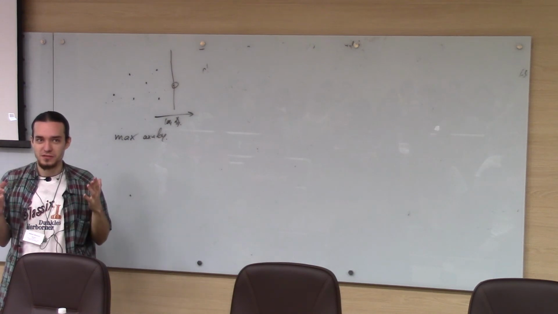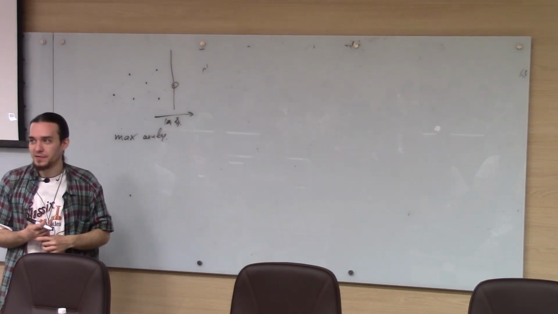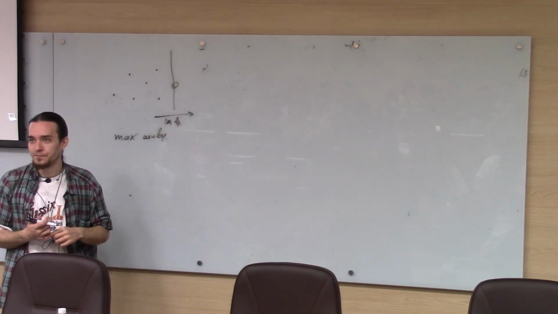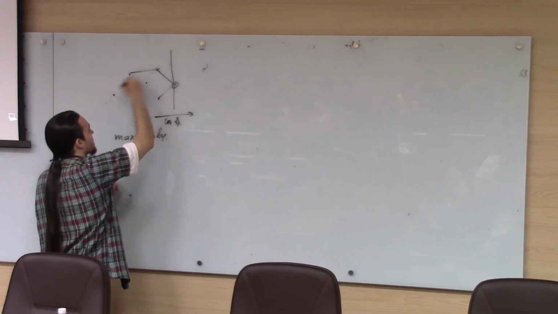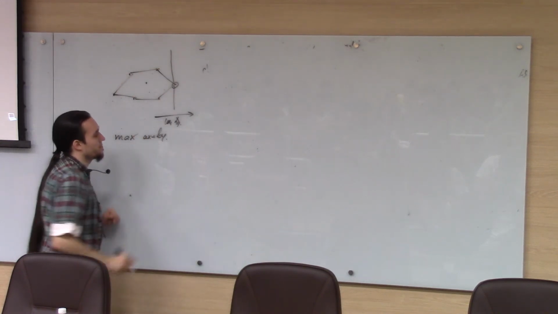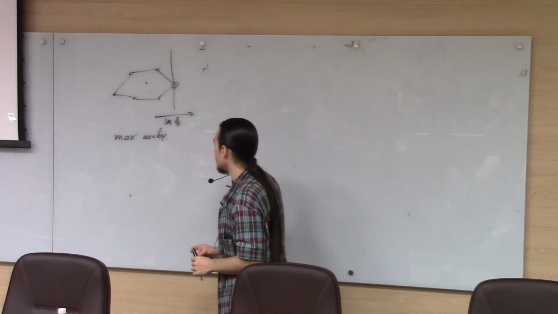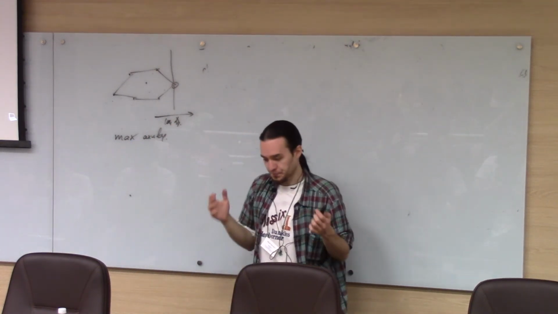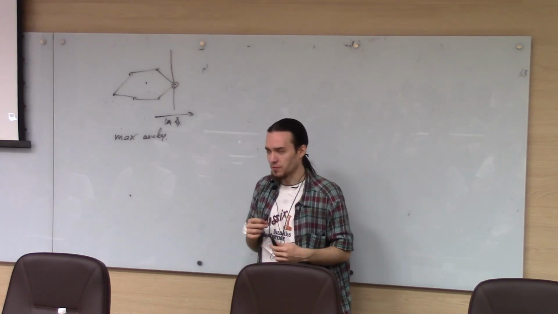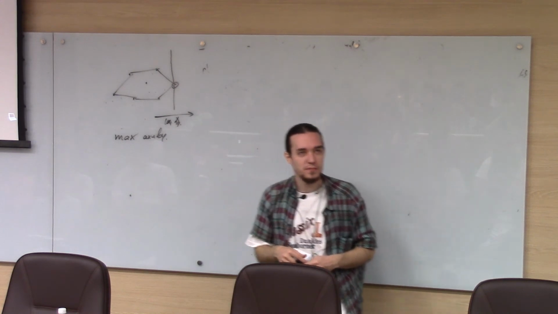First of all, again, we don't need to consider any points other than the vertices of the convex hull. So we construct the convex hull before we even do anything, and then we have to process these queries. There are two types of problems you can consider: offline problems and online problems.